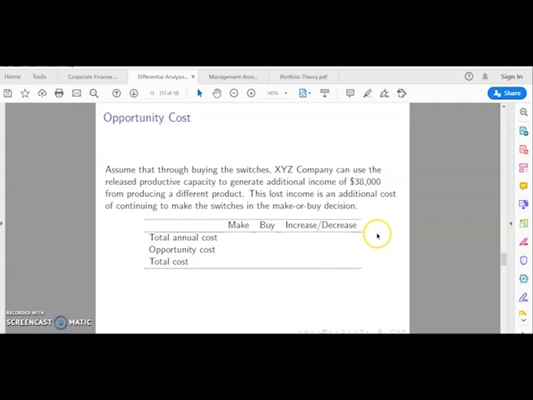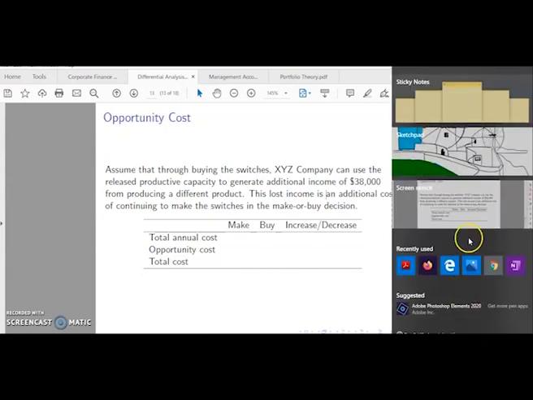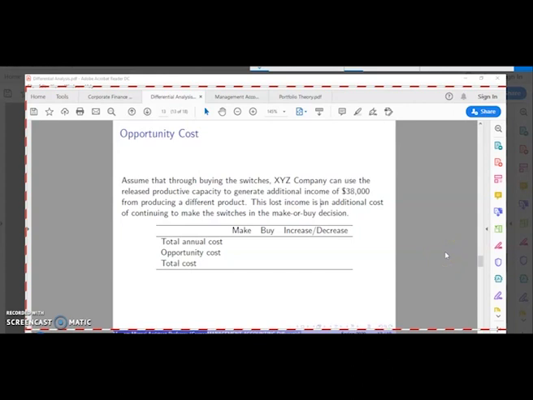So based on the data previously, we realized that the total cost in case of making the product was 25,000 less compared to buying the product. This was what we got.